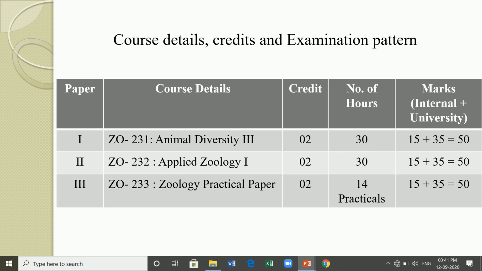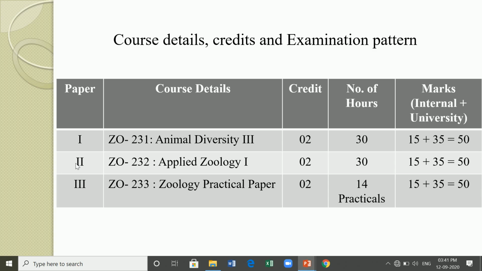Now if you see the examination pattern, the total marks for this theory paper first, that is animal diversity third, is 50 marks, which is divisible into 15 plus 35. The 15 marks are for the internal assessment and 35 marks are for the university assessment.